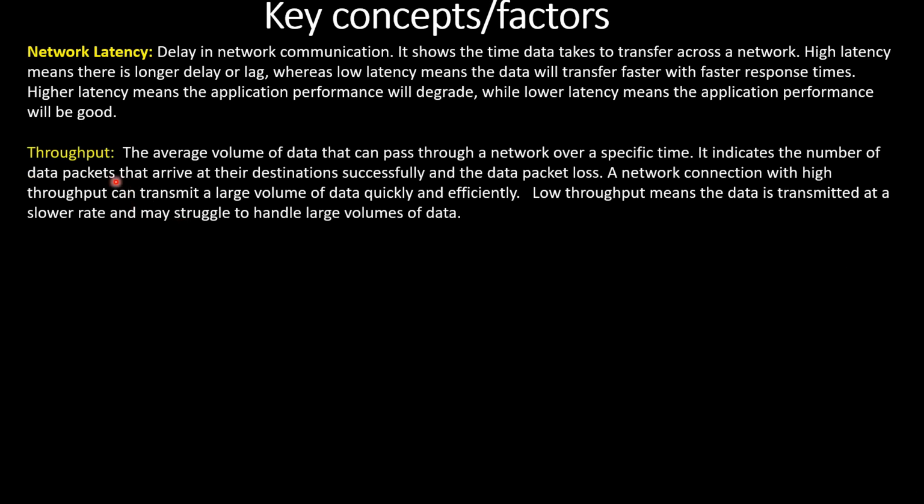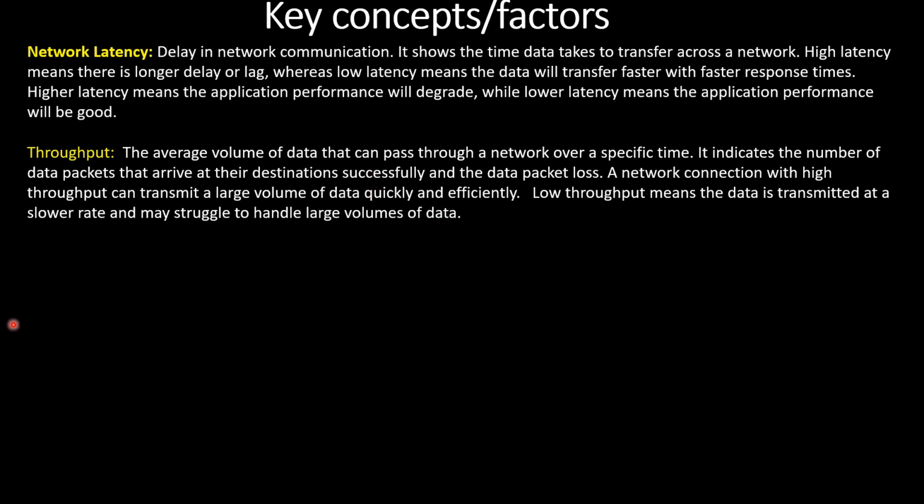Then another concept is throughput. Throughput is the average volume of data that can pass through a network over a specific time. It indicates the number of data packets that arrive at their destination successfully and the data packet loss. A network connection with high throughput can transmit a large volume of data quickly and efficiently. Low throughput means the data is transmitted at a slower rate and may struggle to handle large volumes of data.